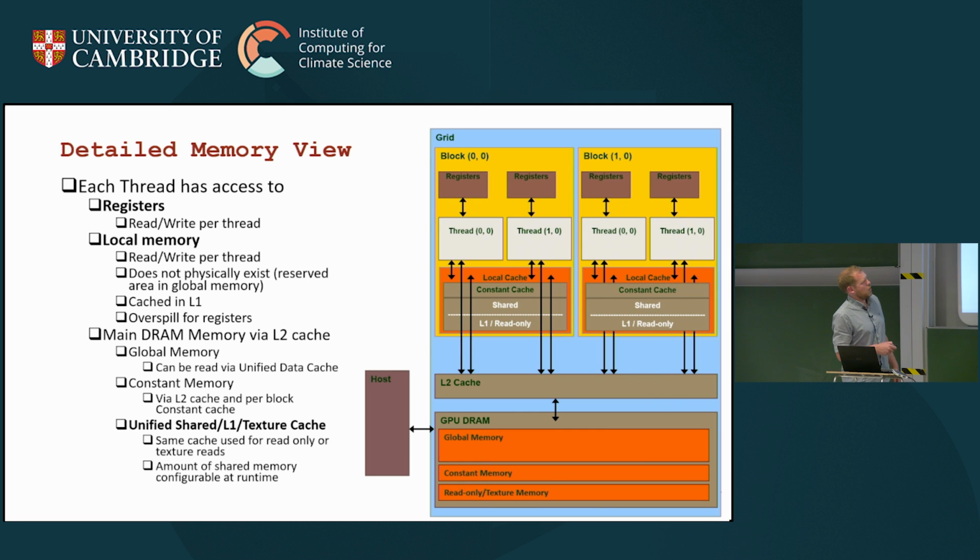And then when you go into threads, into registers, you've got these different caches available. So I'm going to talk about a few of these: the constant cache and the L1 read-only cache. This has become unified with a piece of cache called shared memory. Most caches, you're reliant on the hardware itself to do something useful with them.